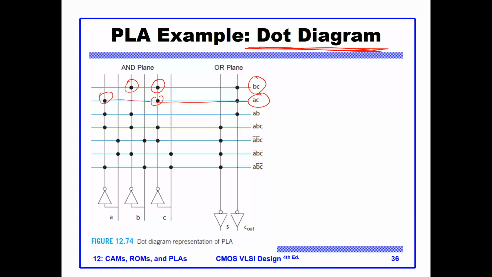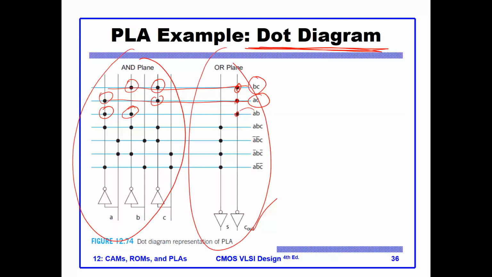And for the AB, I connect the A prime, B prime, and I get AB. Now I connect the AB and AC, all these I connect to generate the C out function, and similarly for the sum. So notice the AND plane and the OR plane.